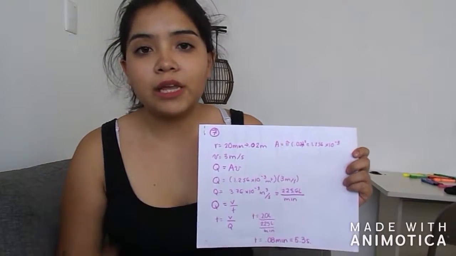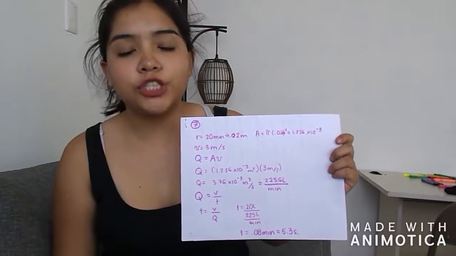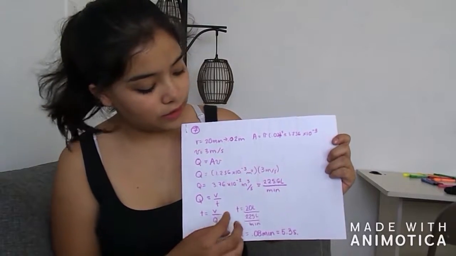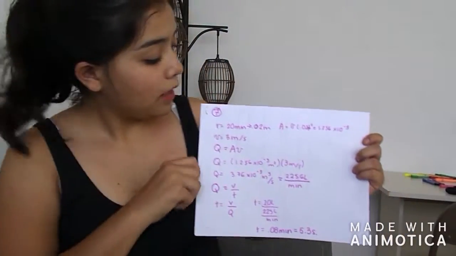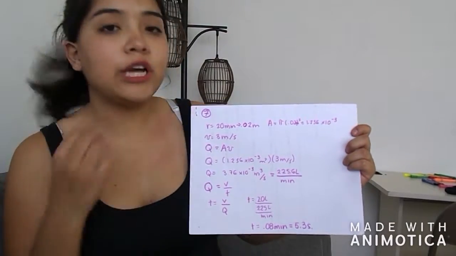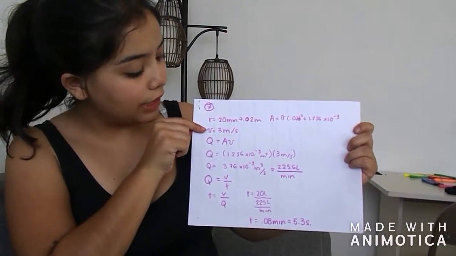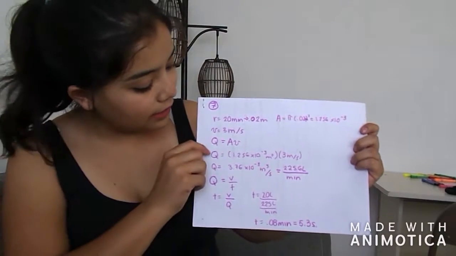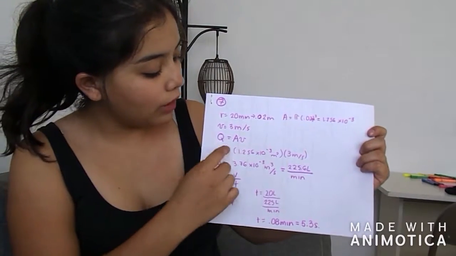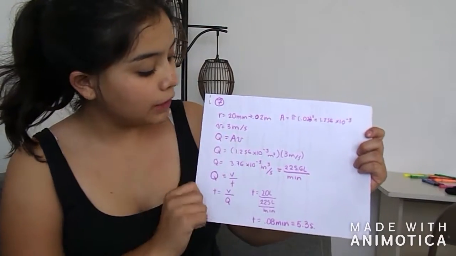In problem number 7, they are asking us how much time does it take to fill 20 liters. So first of all, we have our data that is radius and velocity. We need to calculate the flow rate, that is with the formula flow rate equals area times velocity.